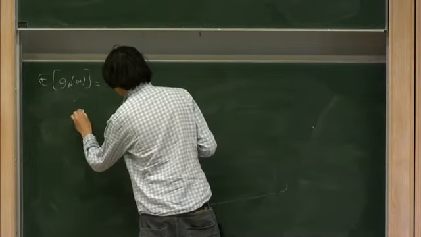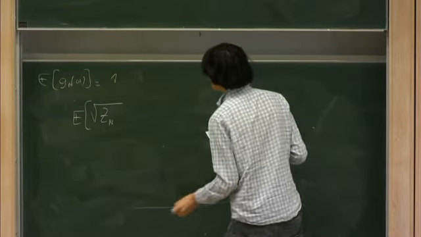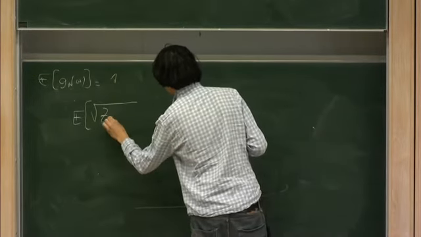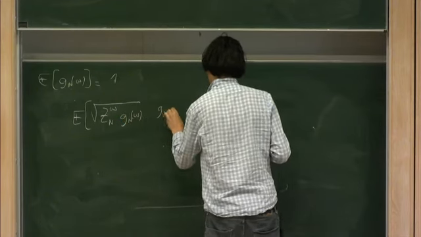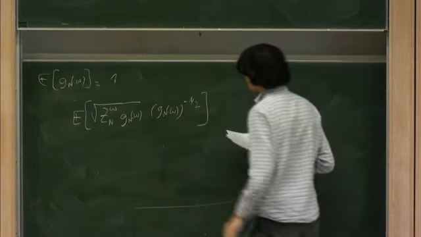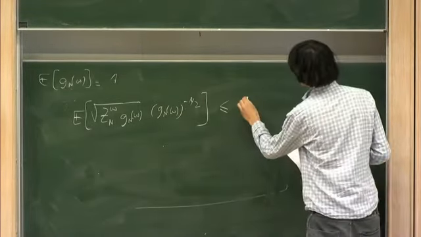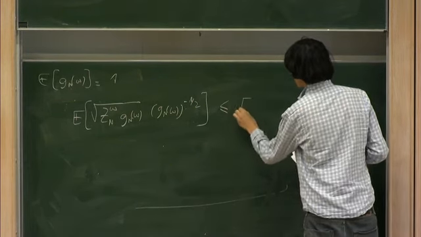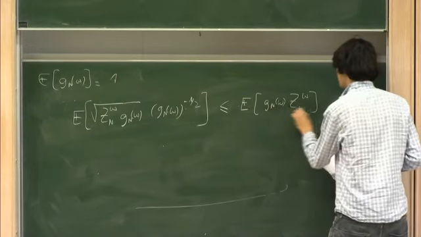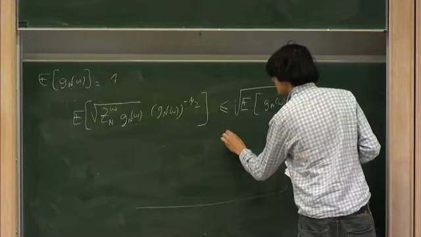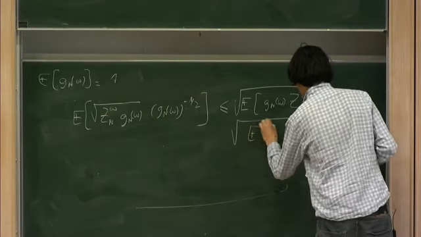And what I can say is that the expected value of square root of Zn is equal, in fact, to the expected value of square root of Zn Gn times Gn to the minus 1/2. By using the Cauchy-Schwarz inequality, I can say that this is smaller than the expected value of Gn omega Zn omega times the expected value of Gn omega to the minus 1.